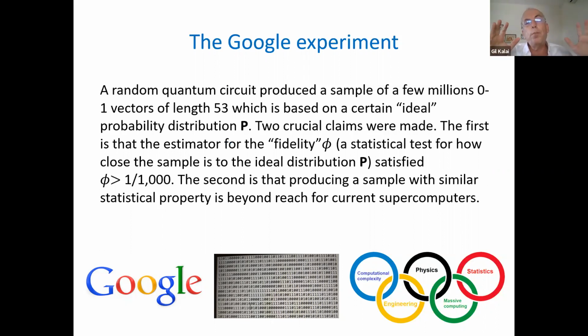The support for both claims was indirect. The first claim cannot be tested directly because computing the correct distribution probabilities would take too much time on any classical supercomputer, and this is part of the second claim. And the second claim is based on some theoretical evidence of various kinds.